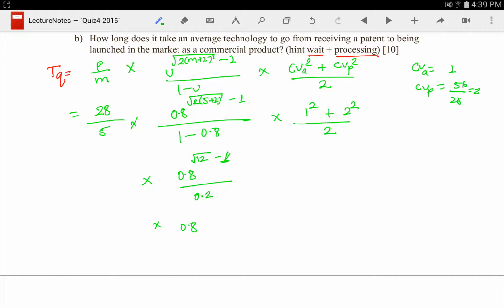The square root of 12 is 3.464, minus 1, divided by 0.2, equals 0.8 to the power of 2.464 divided by 0.2. You should be able to do the problem from here onwards.